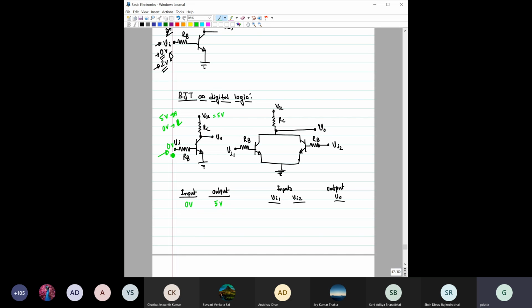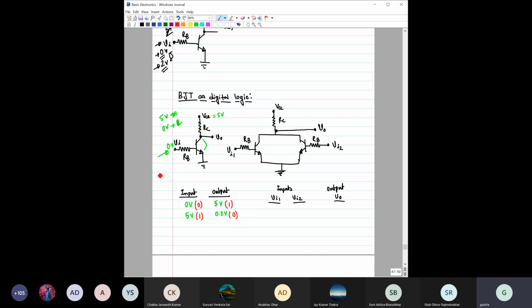Now when you give the input as high, that is 5 volt, then the output voltage is around 0.2 volt, which will be VCE sat, right? In terms of logic, 0 volt means logic 0 or low logic, then the output is 5 volt, which is high logic. Here this input is high, so it is logic 1. The output is 0.2 volt, which is quite close to 0 volt. So here we will say that this is logic 0.